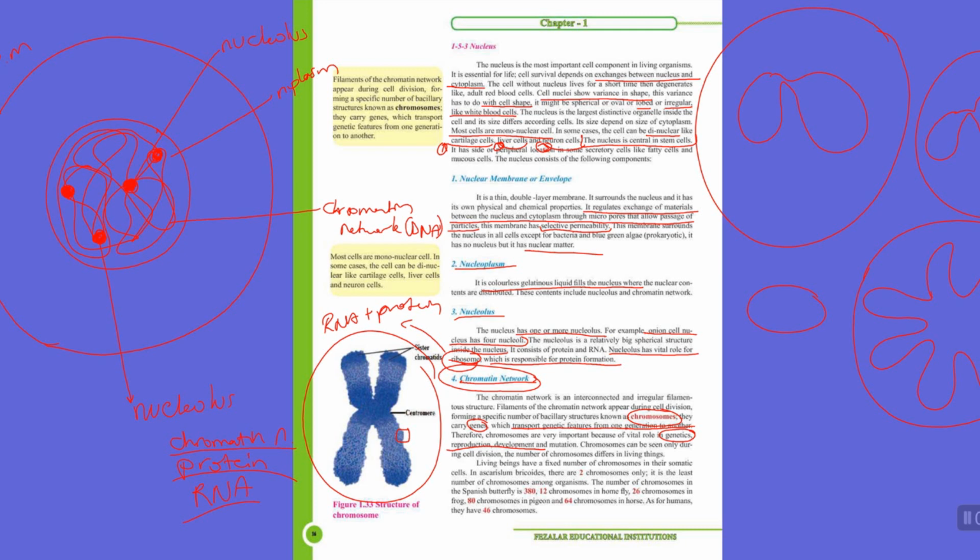Chromosomes can be seen only during cell division, and if there is no division, we see genetic material in that form, but as division starts, they change into bacillary structure or in that shape. The number of chromosomes differs in living things. Living beings have a fixed number of chromosomes, and one property which makes organisms different species is their number of chromosomes.